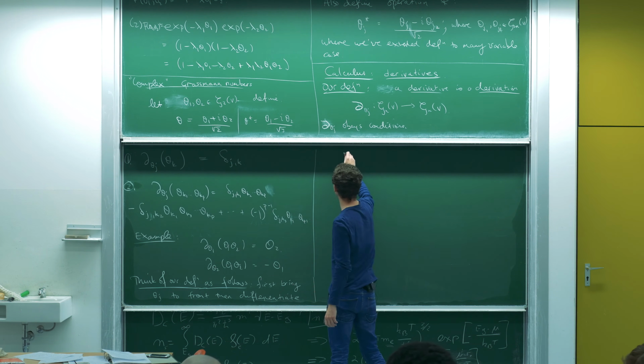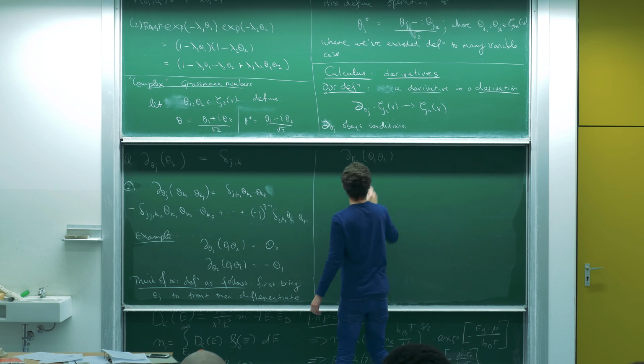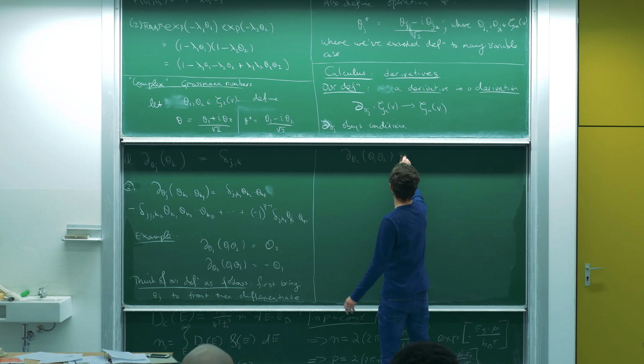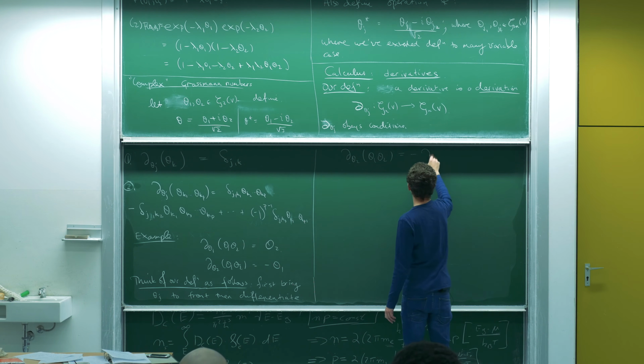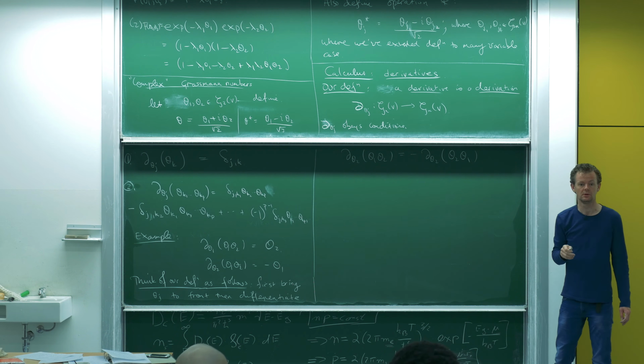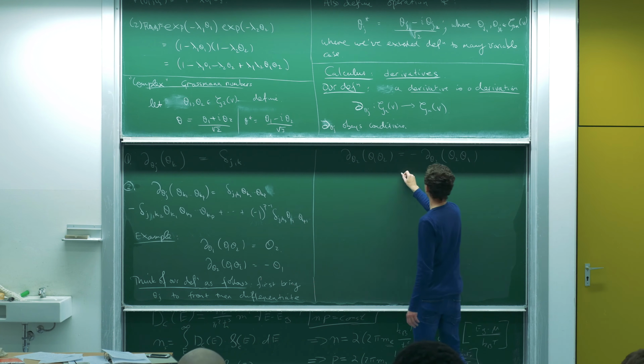So in terms of our example, d theta 2 of theta 1 theta 2 should be the same as, well, it's got to be a linear operator, so it's going to be the same as minus d theta 2 of theta 2 theta 1. And then, well, it's at the front, so we differentiate as normal.